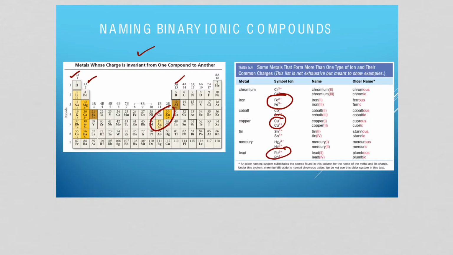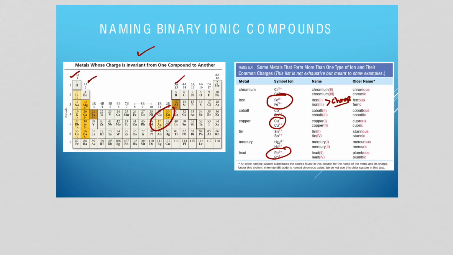So now, how do we tell these apart? Well, when we get to the naming of them, the key here is this Roman numeral that's listed in red here, right? The Roman numeral identifies the charge. So if I have a compound that contains iron with a positive 2 charge, when I write out the name, I'm going to write iron with that 2 Roman numeral to emphasize that.